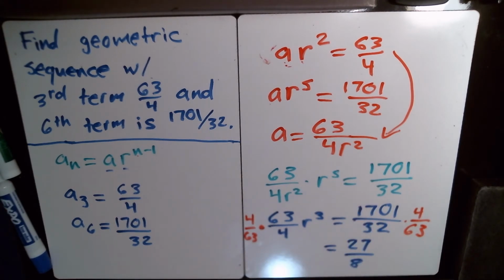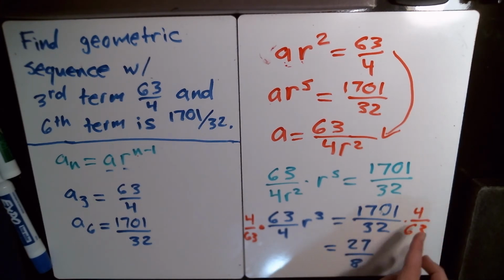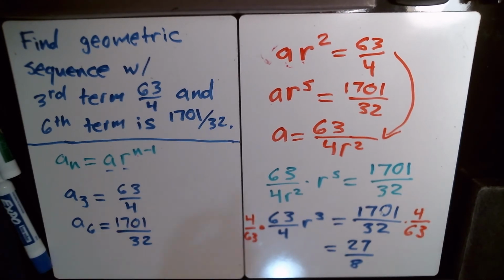So you do 1701 divided by 63. I hope the numbers on your test are not this terrible. But 1701 divided by 63 is this 27, and then 4 goes into 32 8 times, right? So the 4 cancels up top, and you're left with 8 still in the bottom. So this would be our fraction there, 27 over 8.